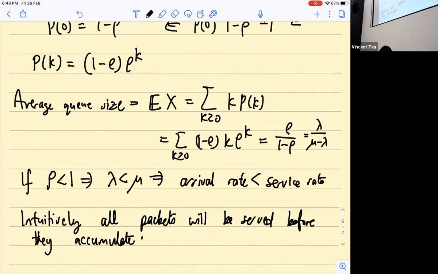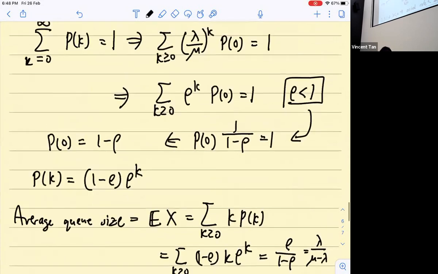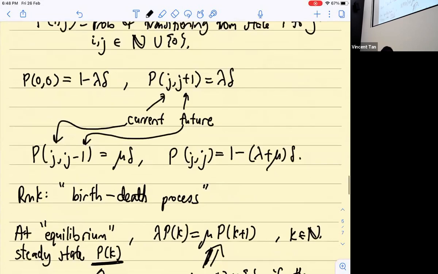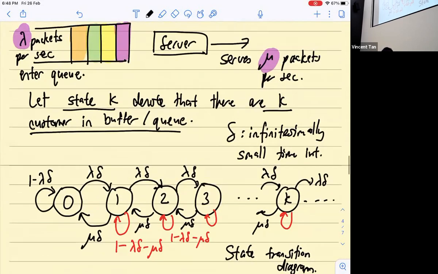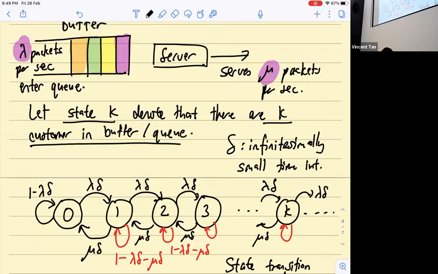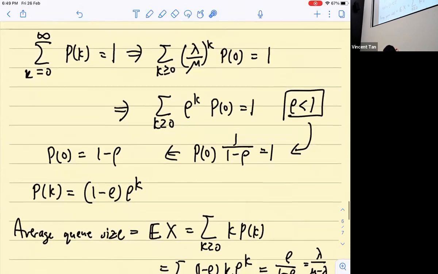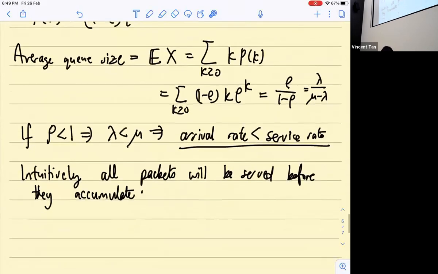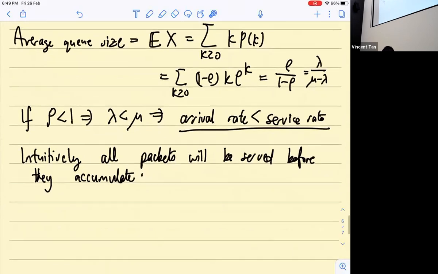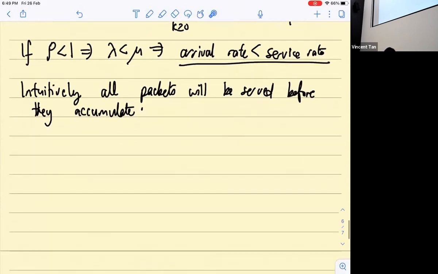Okay, so if the arrival rate is smaller than the service rate, and all packets will be served, you won't have a situation that you accumulate too many packets here. So you will have a situation that you'll be served, and the distribution will be as follows.